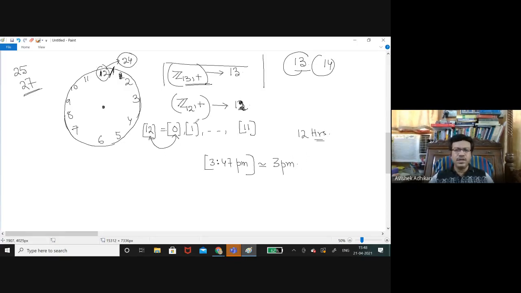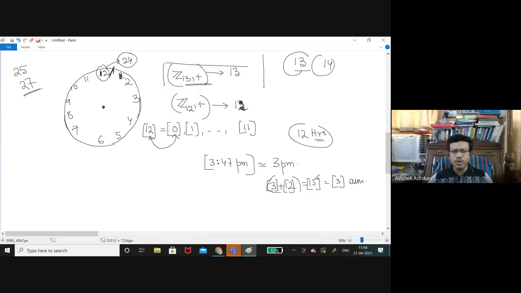Then you will say it would be 3 plus 12 hours, that means 15. And if I consider all of them as a class, then this will be class 3. Similarly, it will be again 3, not PM, but 3 AM, because it only added 12 hours.